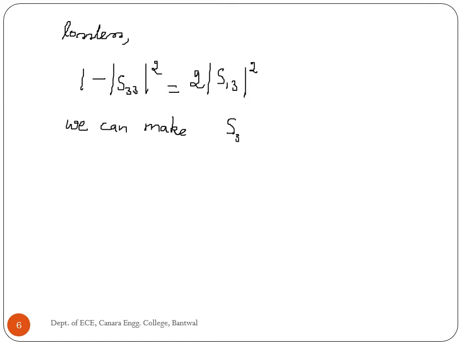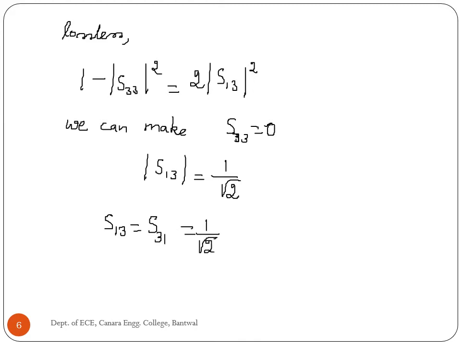By a suitable matching element, we can make S33 equal to 0, so that S13 is equal to 1 by root 2. From the symmetry characteristics as described in the previous slide, S13 is equal to S31 is equal to 1 by root 2 and S23 is equal to S32 is equal to minus 1 by root 2.